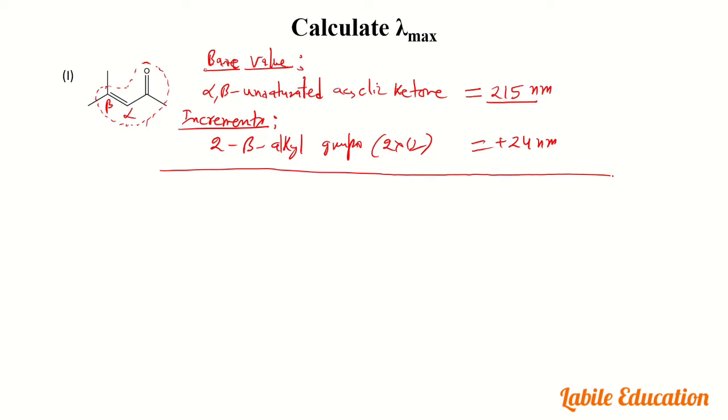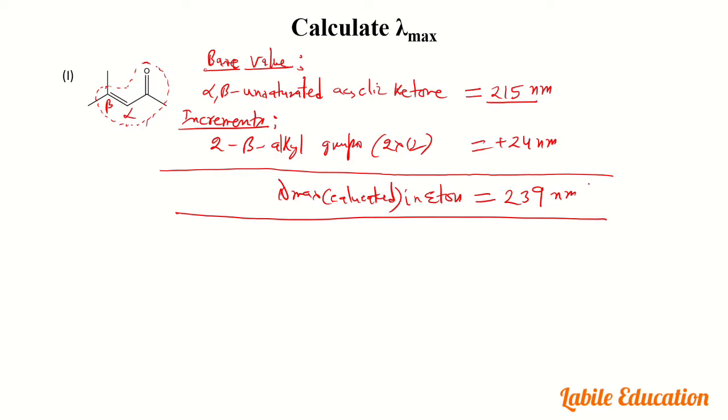So the calculated lambda max in ethanol will be 215 plus 24, total 239 nanometer. This will be the calculated lambda max.